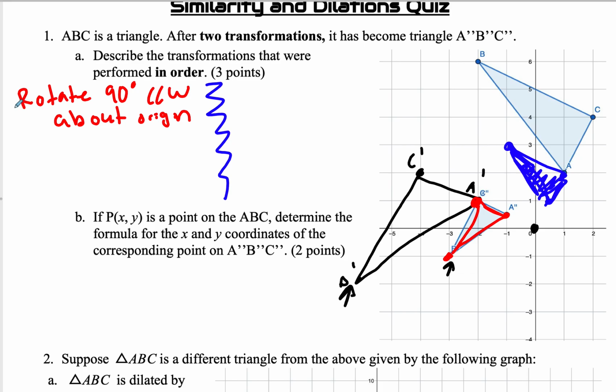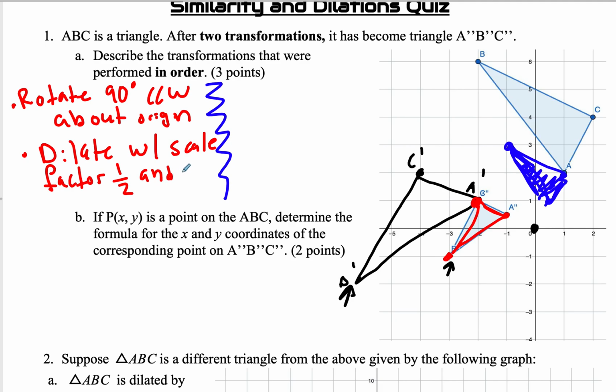It's really important that we're mathematically precise there. And then dilate with scale factor 1/2 and center of dilation 0, 0, or you could say the origin. Either would have been okay.